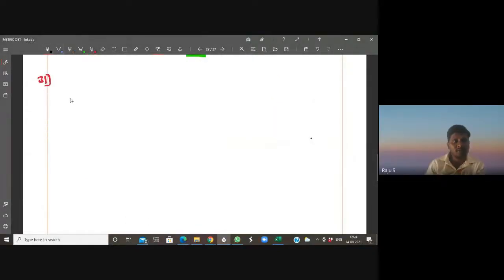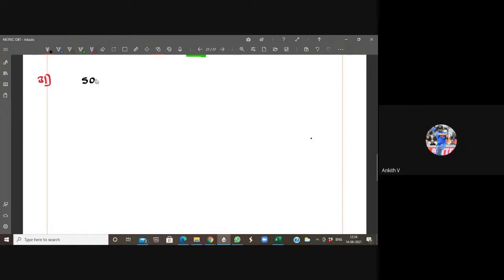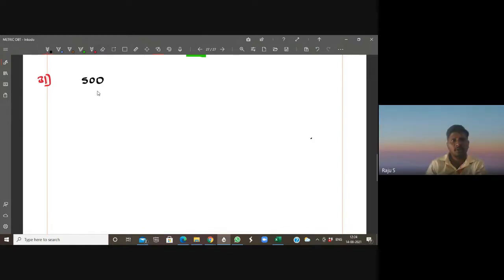Okay, let's see what we shall write here. The amount deposited in the bank, what is the amount they deposited? The principal amount is 500. Like that, you have to write the matter. So the amount deposited in the bank is 500 rupees.